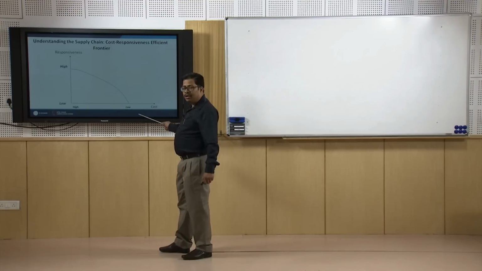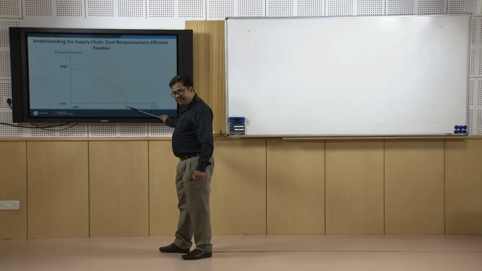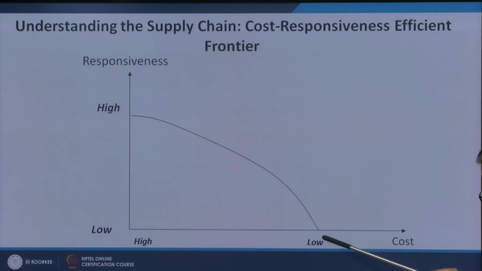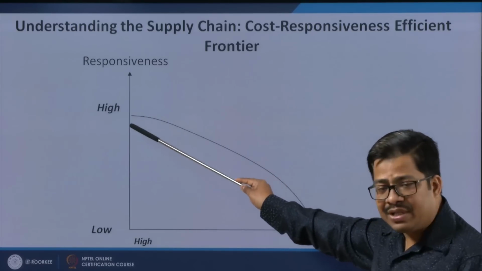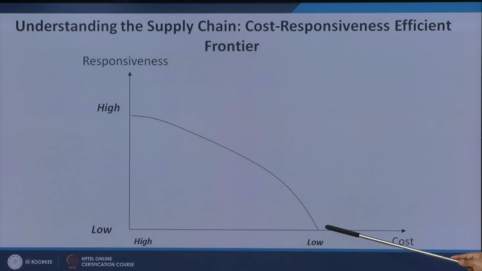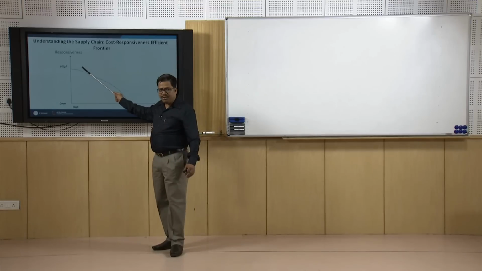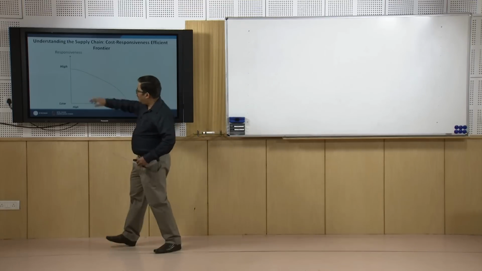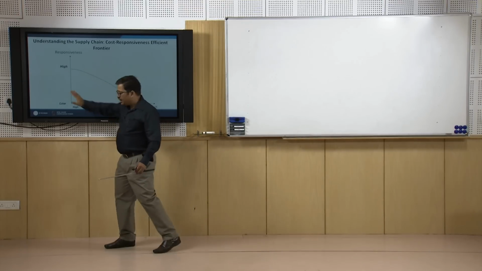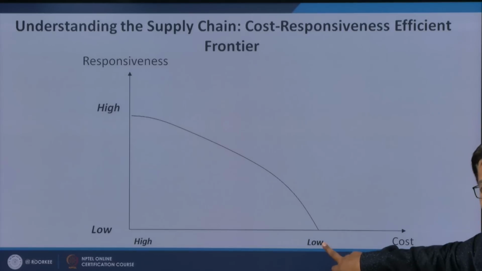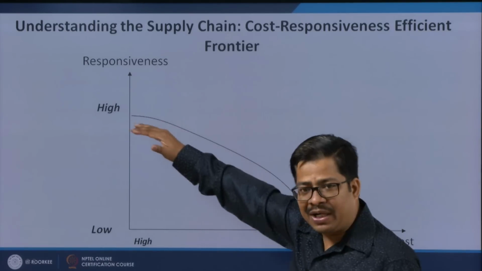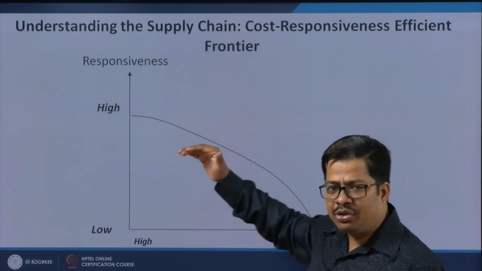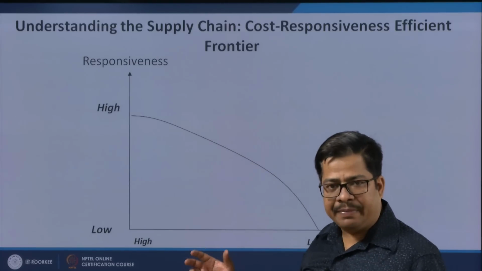We want low cost of the supply chain, or you can say high efficiency in the supply chain, and high responsiveness. So, this is the most desired frontier, where you have high responsiveness and high efficiency. Low cost means high efficiency. So, this is the spectrum on which we want to locate our supply chain.